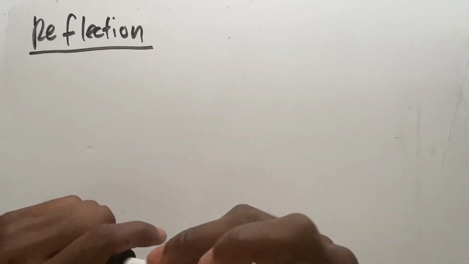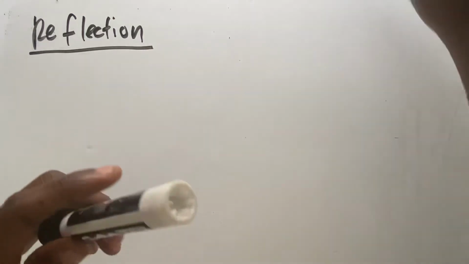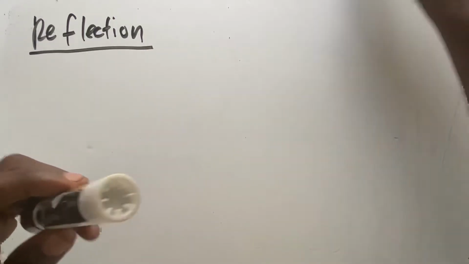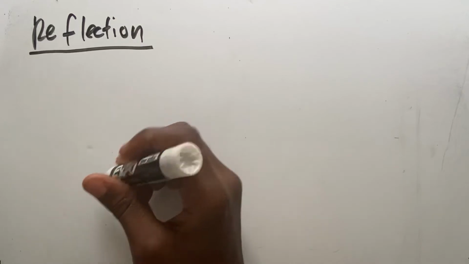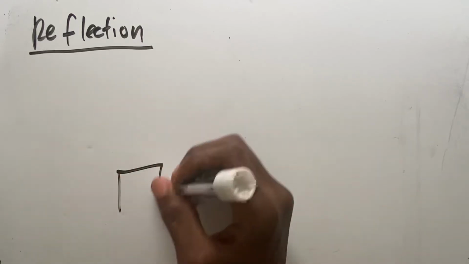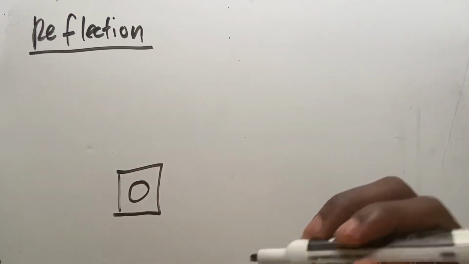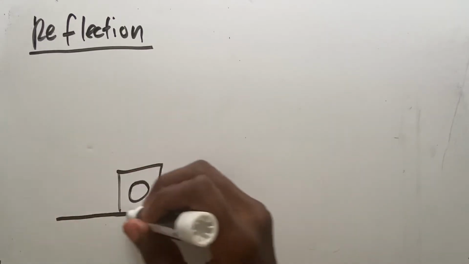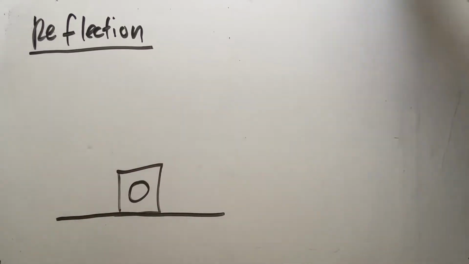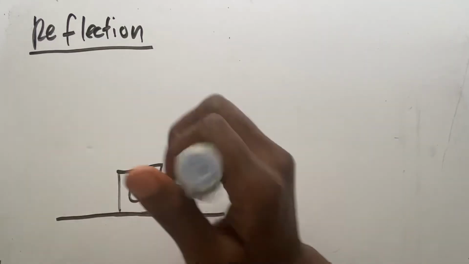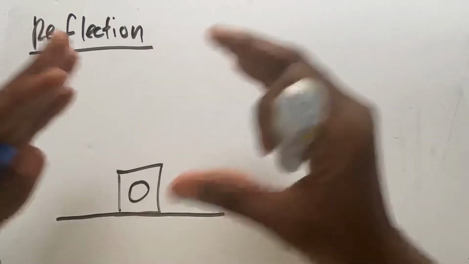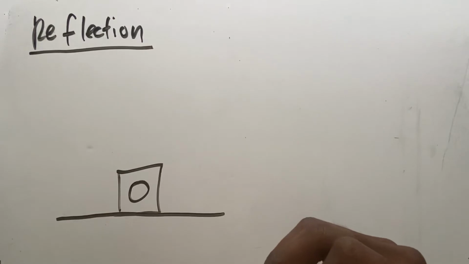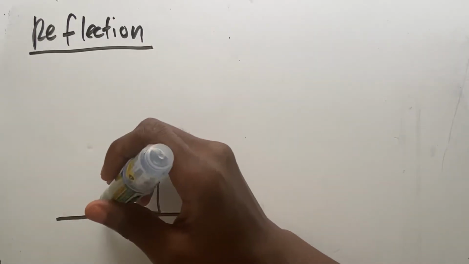So let me first tell you how we draw sound and sound waves. Well, if you have a speaker just sitting there and you turn it on, the sound is going to emit in all directions, right? Well, we can draw that this way.